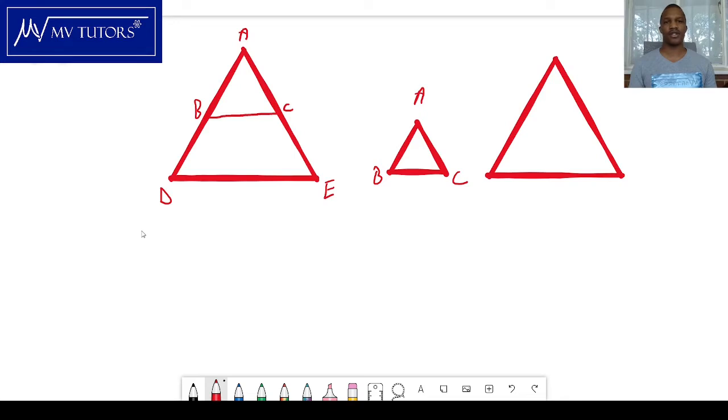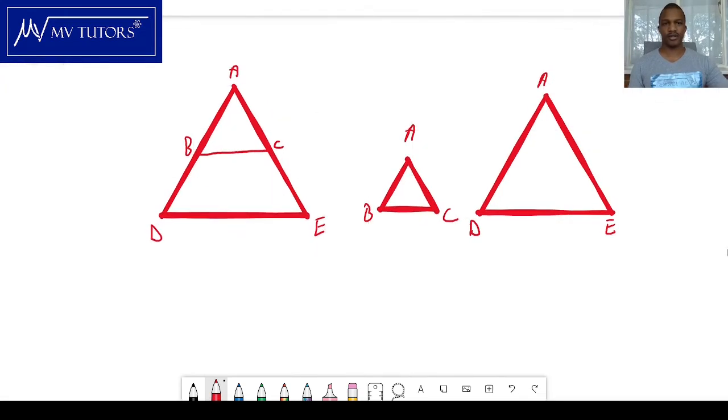I just want it on its own, and it is A, D, E. Let me just bring this down a little bit. Cool. All right, so if we look at these, this big triangle is a triangle within a triangle, small within big. Now the proportional theorem, I don't want to prove it, but I just want to show it to you so that we apply it.